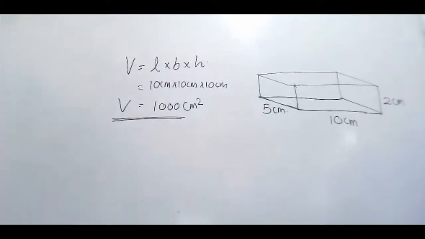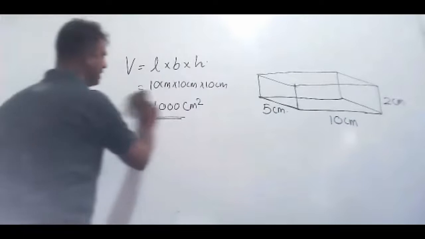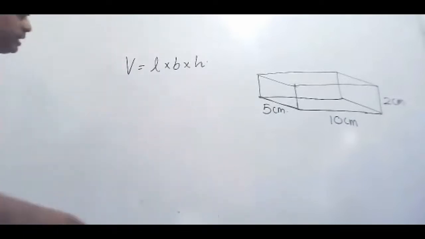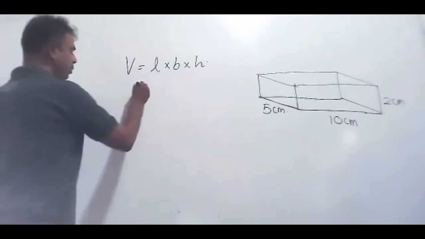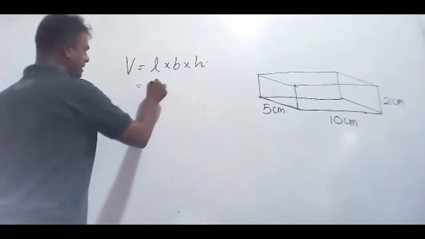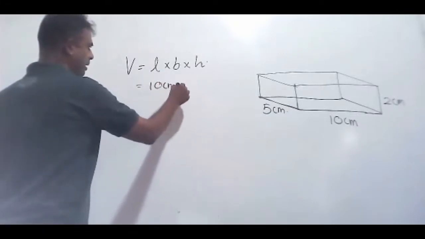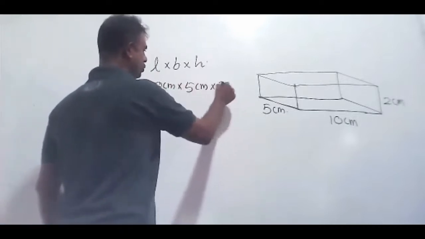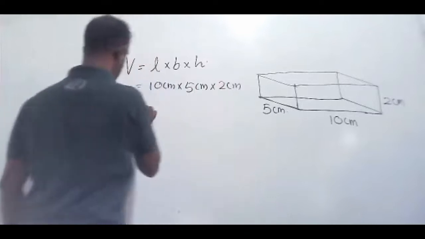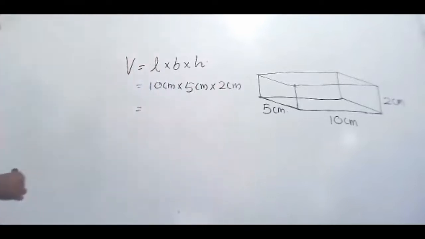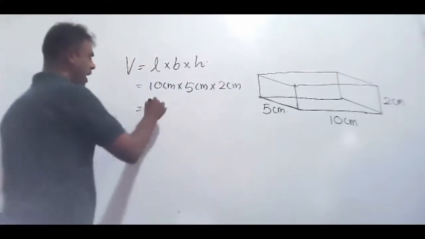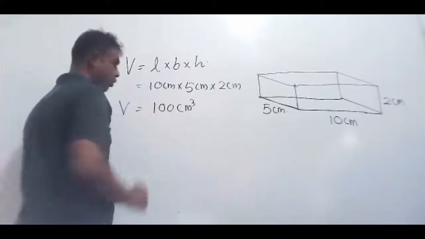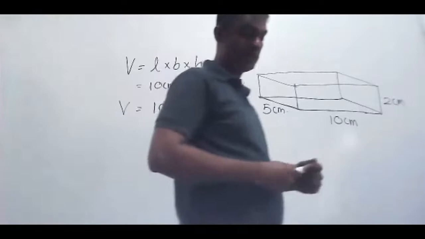That amount we can apply to this formula. Length is 10 centimeters, breadth means width 5 centimeters, into 2 centimeters. Very simple. 10 into 5, 50, 50 into 2, 100 cubic centimeters. Volume is 100 cubic centimeters.